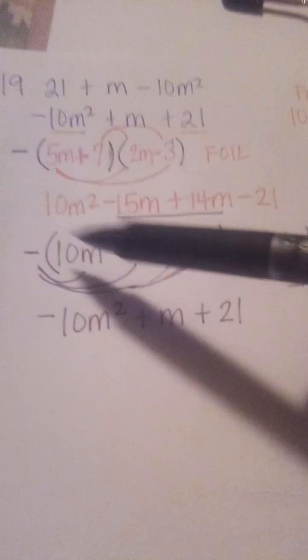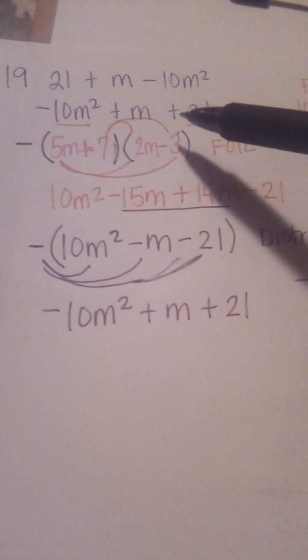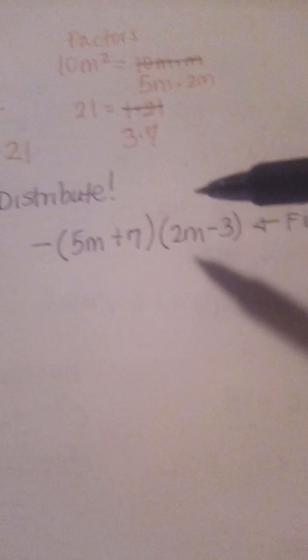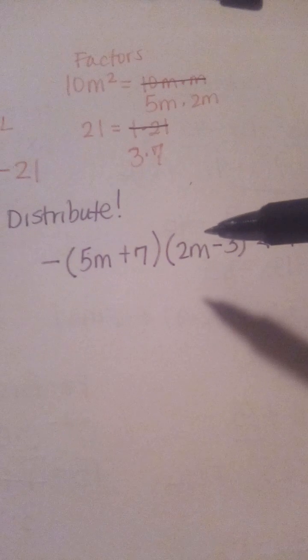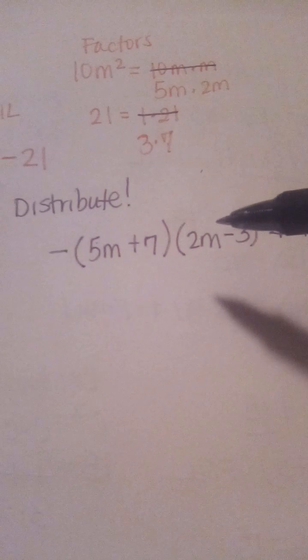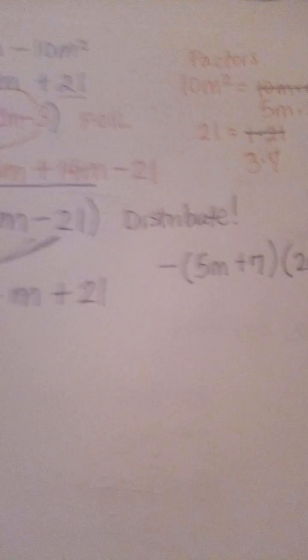Then you have to distribute the m to make sure it matches with the new reordered equation, which it does. So this is our final answer right here. Any questions on this problem? Okie dokie, let's move on.